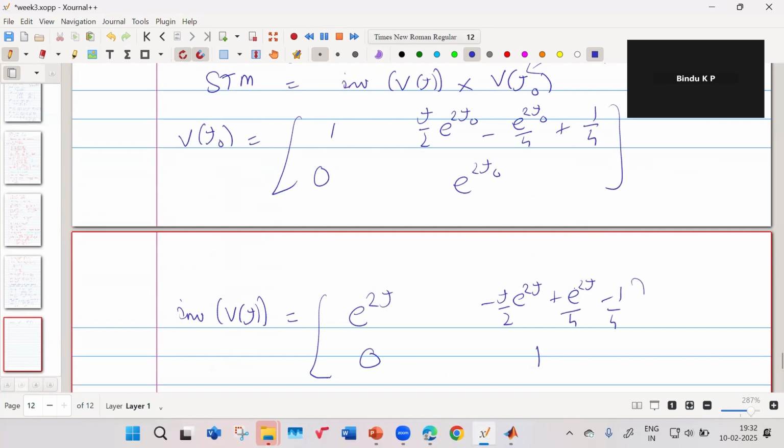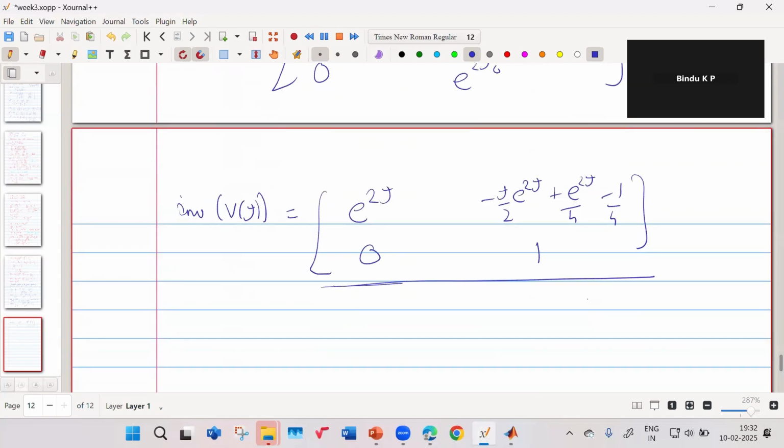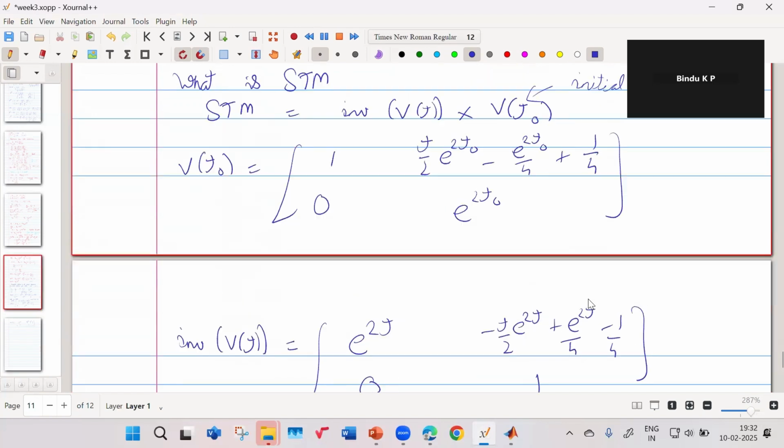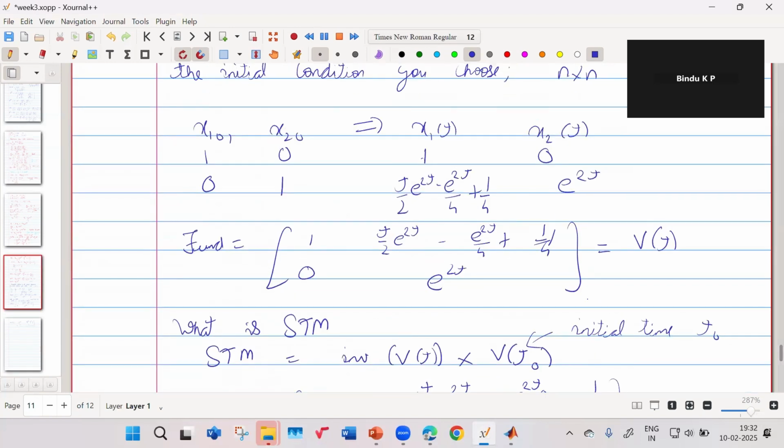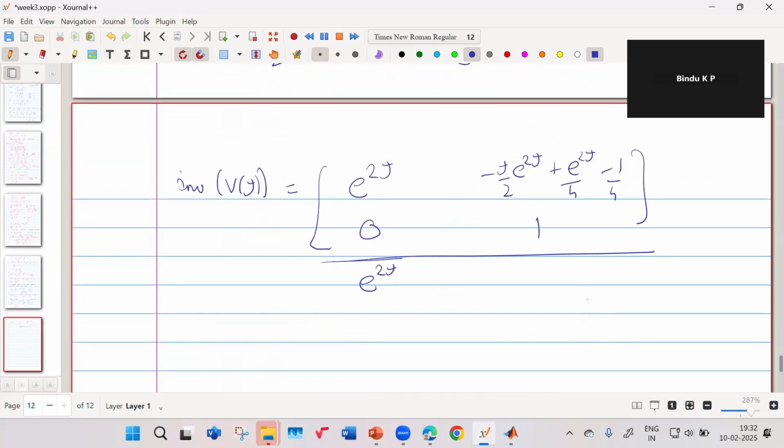Take this into the determinant. The determinant is e to power 2t into 1 minus 0, so this is e to power 2t.